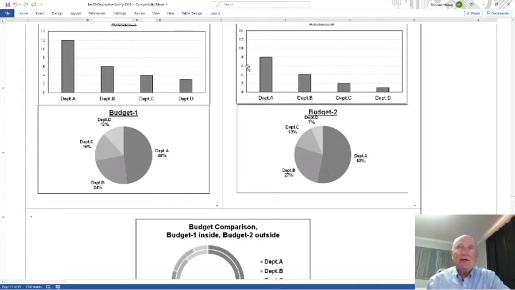So, oh, they have less. Yeah, they have less, but they have a higher percentage of the total. So, oh, our budget decreased. Not really, your budget increased relative to the entire budget. It did decrease relative to the absolute value, but it increased relative to the total budget.